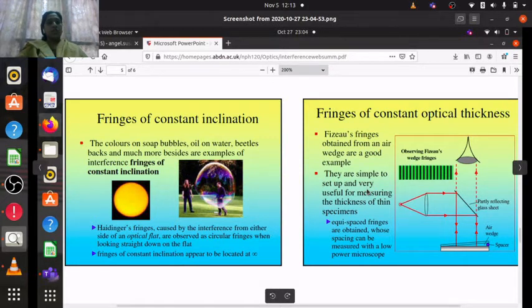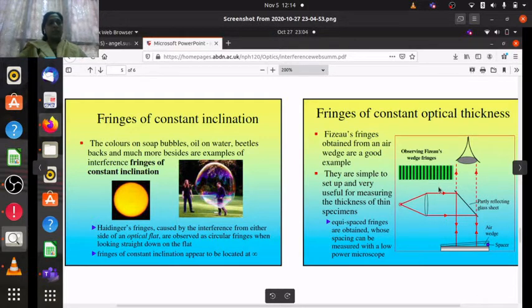Another type of fringe is fringe of constant optical thickness. Whenever the thickness of the film is rapidly varying, the inclination, angle of refraction r, and the wavelength remain practically constant, and then the path difference depends on the optical thickness of the film. So each fringe will be the locus of all the points with the same thickness.